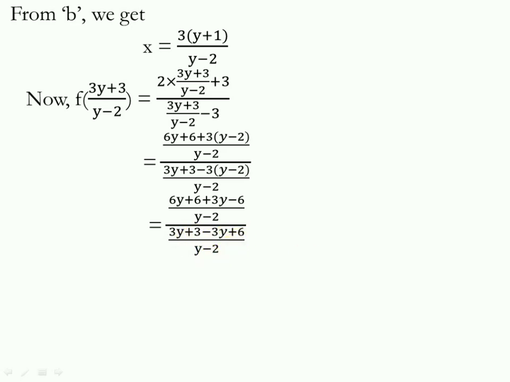Now just do some simplifying. Look at plus 6 minus 6 cancel each other, it becomes 9y by y minus 2, and here 3y minus 3y cancel each other, plus 3 plus 6 becomes plus 9 in the numerator. Now in a fraction, if there are two fractions and they are in division form, what can we do?